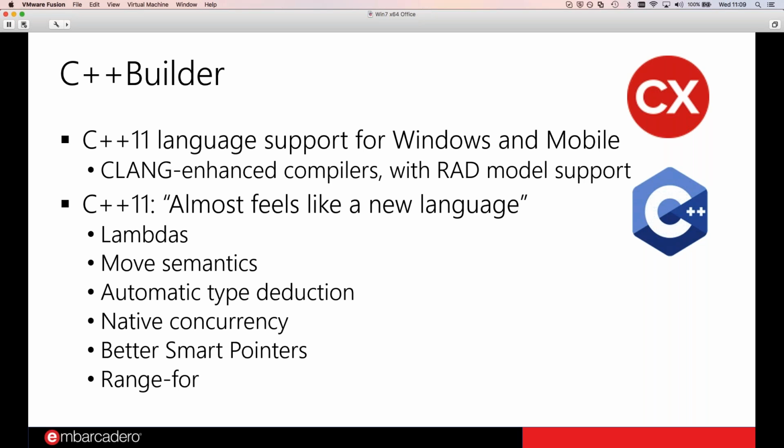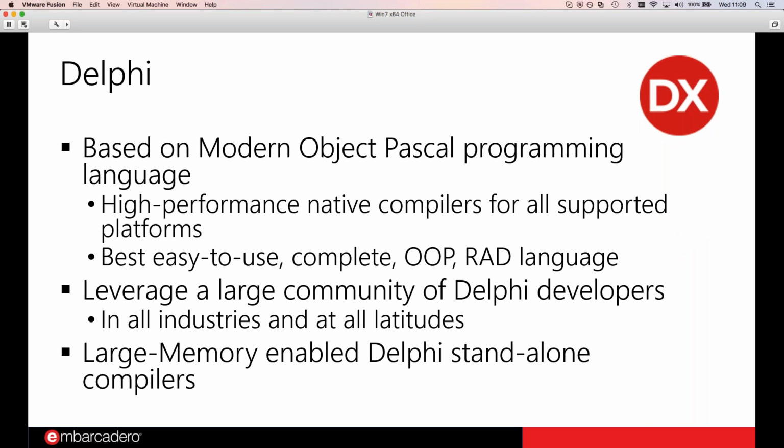You can build C++ applications, but with reusable components, and all the latest language features are there, so you can be productive in C++. Delphi is also the key foundation of RAD Studio. RAD Studio is a combination of Delphi and C++ Builder. You can have both as RAD Studio or just Delphi standalone or C++ Builder standalone.